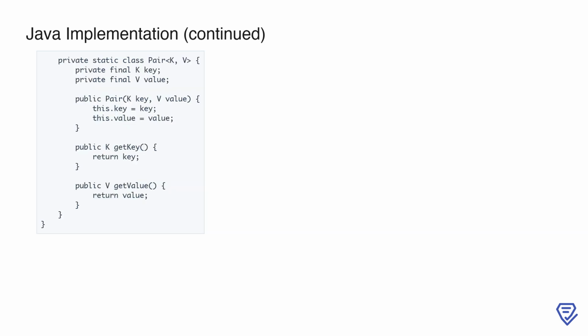To support the BFS implementation, we define a simple helper class called Pair. This class is generic, meaning it can store 2 related values of any type. In our case, it represents a pair of the current word and its associated transformation length. It has 2 fields, key and value, which are initialized through the constructor.